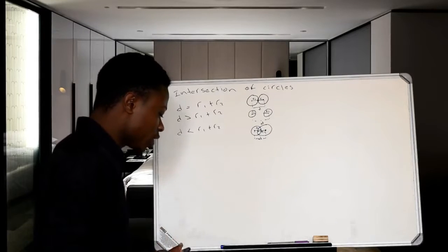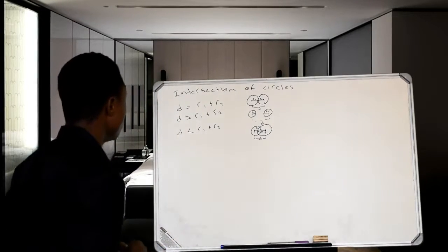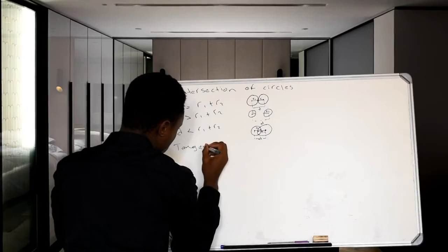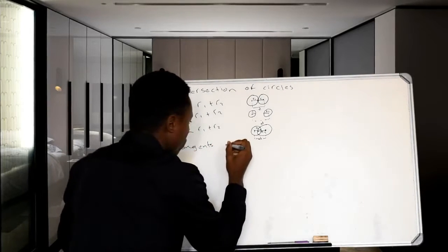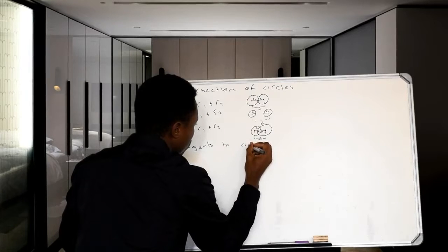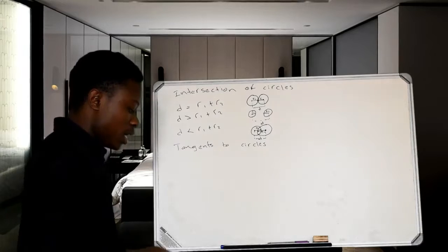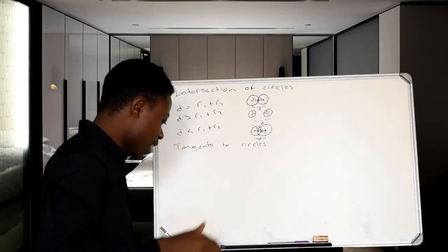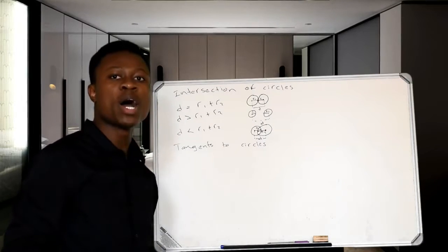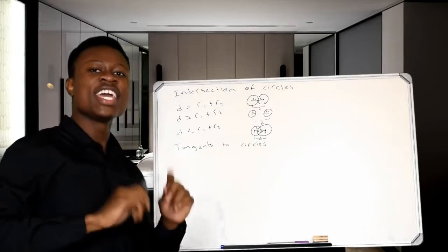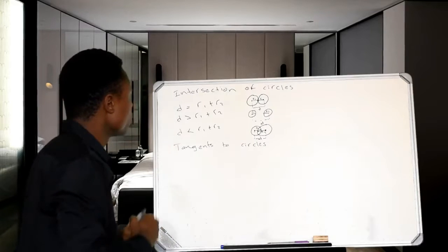Okay, another thing we need to look at is tangents to circles. The radius is perpendicular to a tangent.